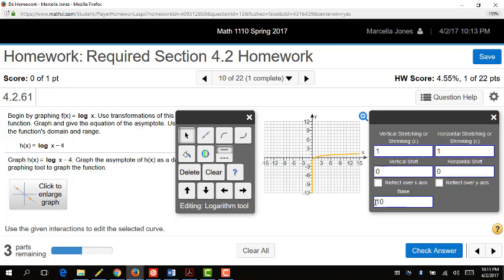Now the problem automatically gave us a problem whose base was 10. So when the tool pops up, it actually gives you the base for the problem. And because the original y was f of x, which equals the common log of x, the new y, when we look at h of x, subtracts 4 from the old y.